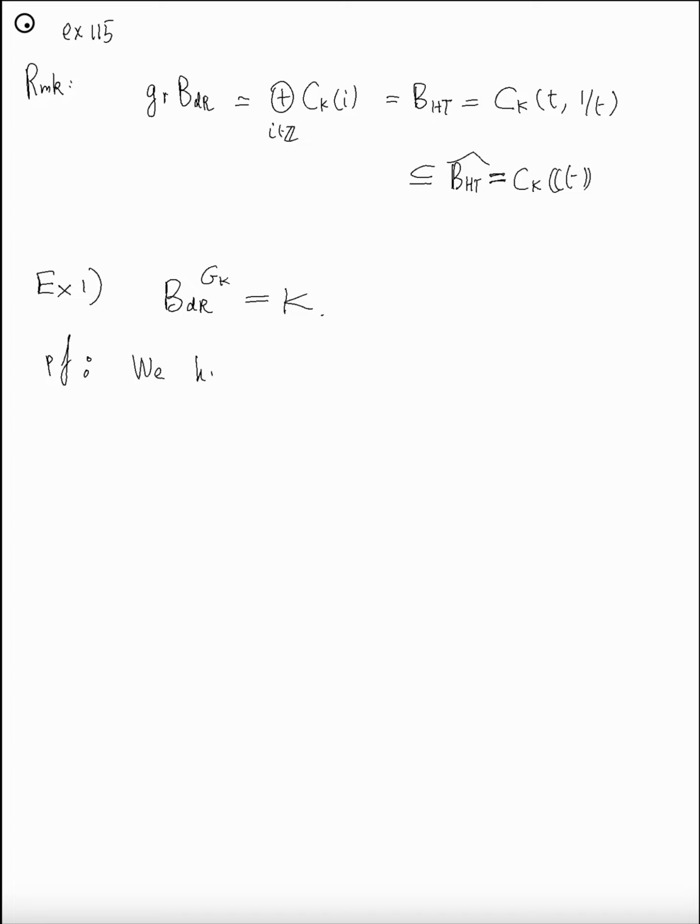So firstly, we have K is contained in B_dR fixed by G_K. So K itself is fixed by G_K, but the problem is, is K contained in B_dR? Actually, yes, because we have proved that we could lift it.